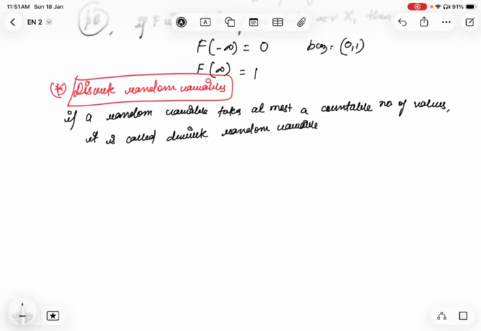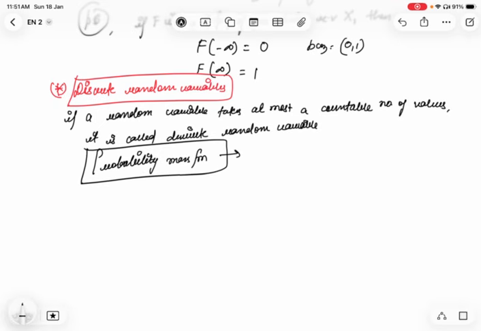Okay, so in discrete random variables, there is a concept called the probability mass function. So what is the probability mass function? The probability mass function is the probability distribution of a discrete random variable.